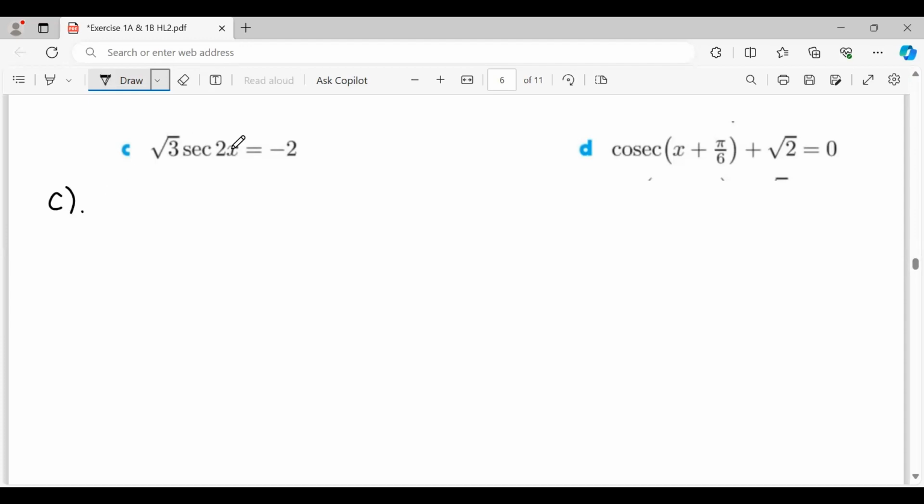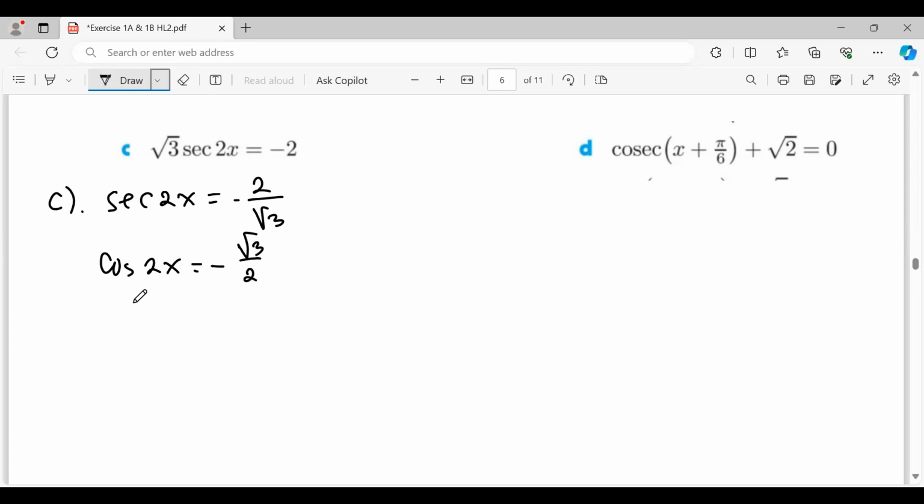C. Root 3 should move to the right side. So it's going to be secant 2x equals minus 2 over root 3. So it will be cosine 2x equals minus root 3 over 2.